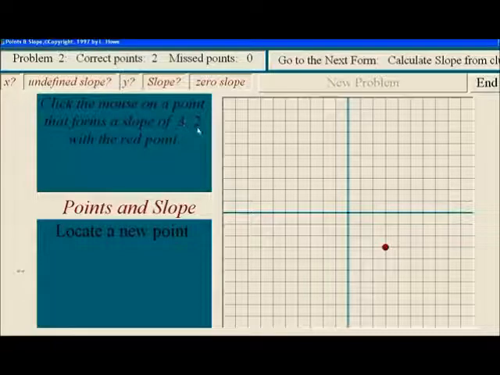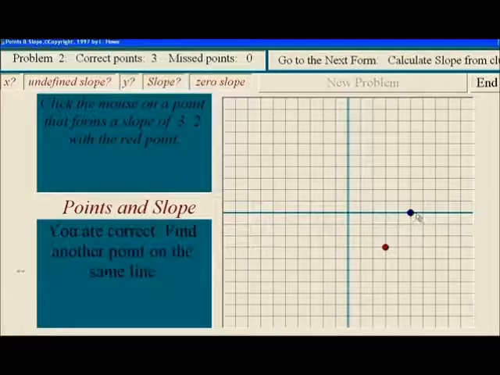And a slope of 3 halves. The 3, you have to rise before you can run. The 3 is a rise, and the 2 is a run. So I want to rise 3, 1, 2, 3, and run 2, and there's a point. There's a slope of 3 halves.